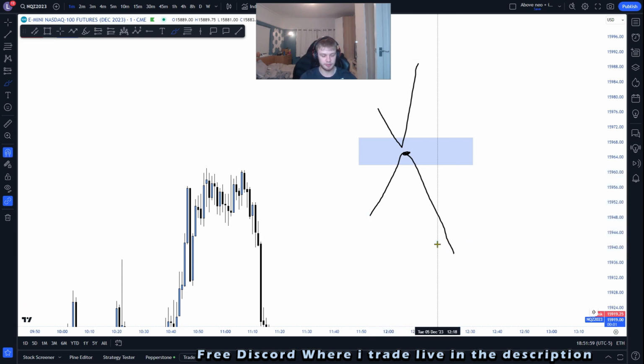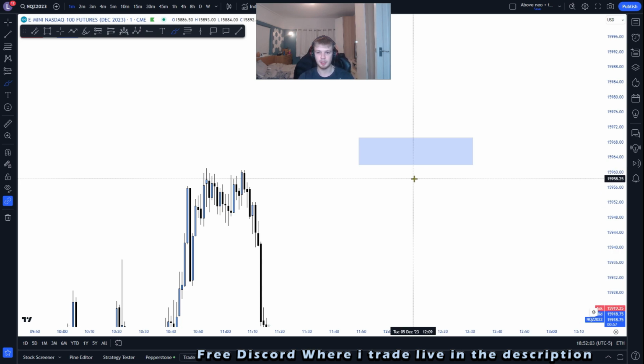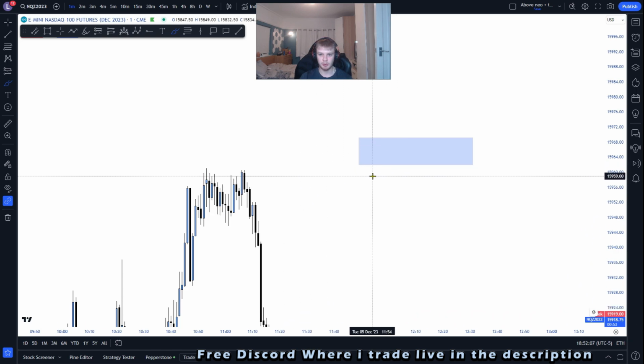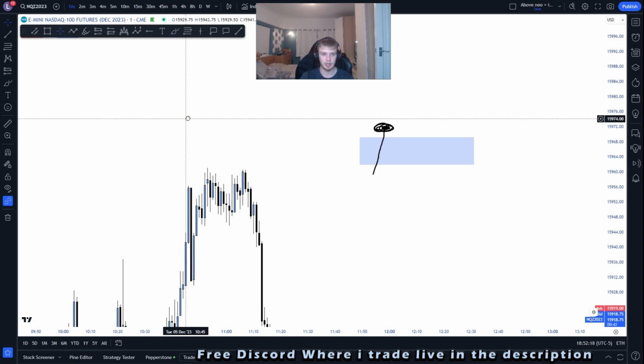But actually, with the inversion model, what you want to see is the price disrespect the fair value gap. So I want the price to come up, close above the fair value gap, and as soon as the price closes above the fair value gap, it will turn into an inversion fair value gap.